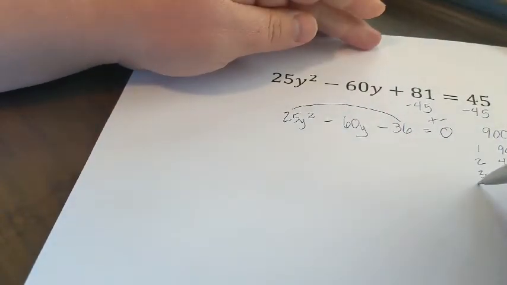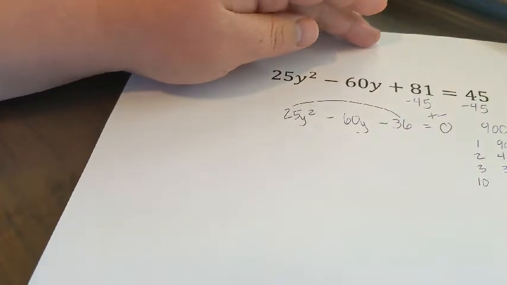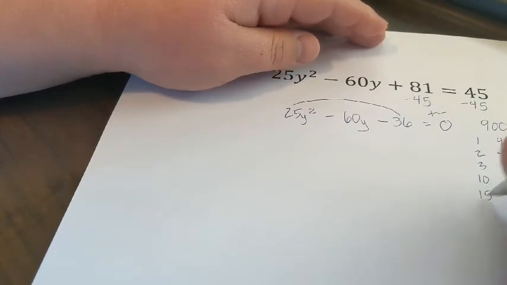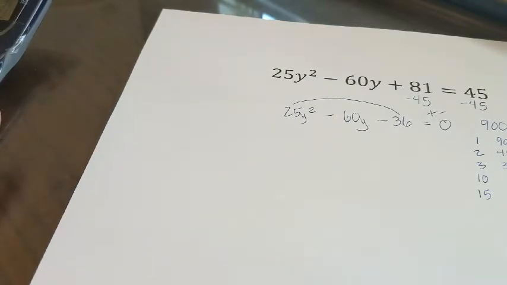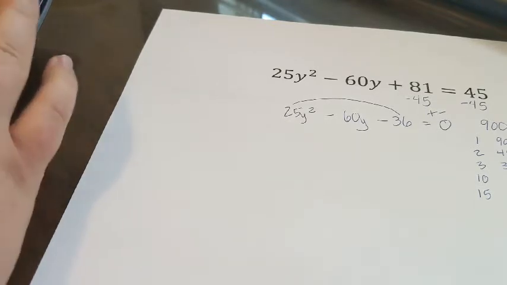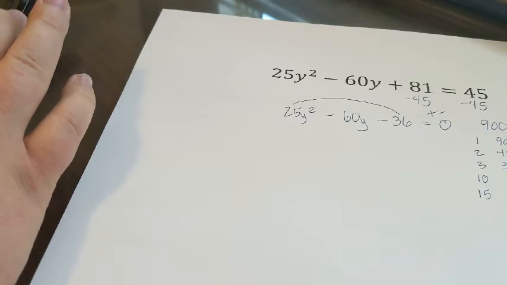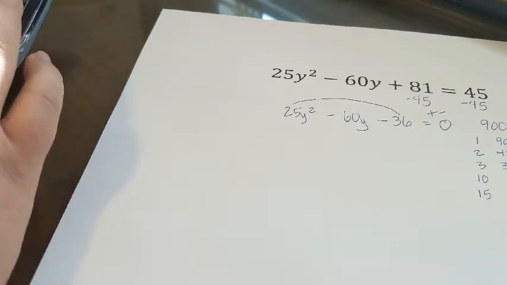Let's skip down. So if we did 10, it would be 90. If we did 15, it would be 15 and 60, which isn't going to get you 60. So let's see, 900.